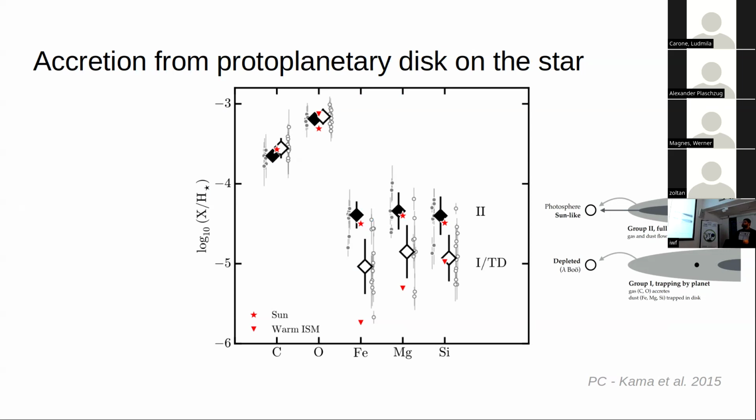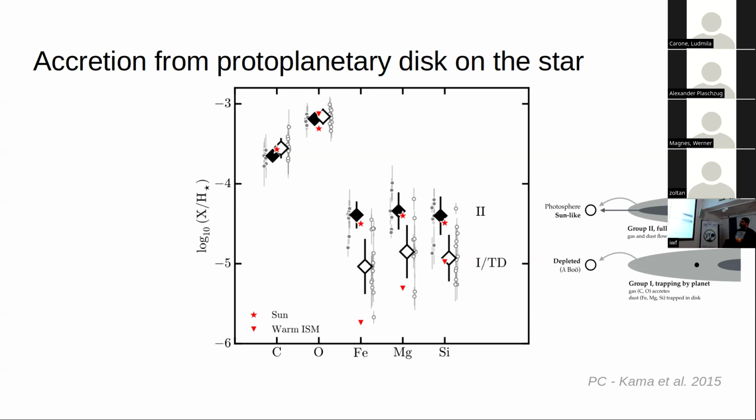But if you look at iron, magnesium, or silicon, you see that on average, they are depleted compared to stars with no gaps in their disk. The depletion is quite similar in all of the elements. They vary a little, but on average, they're quite similar.